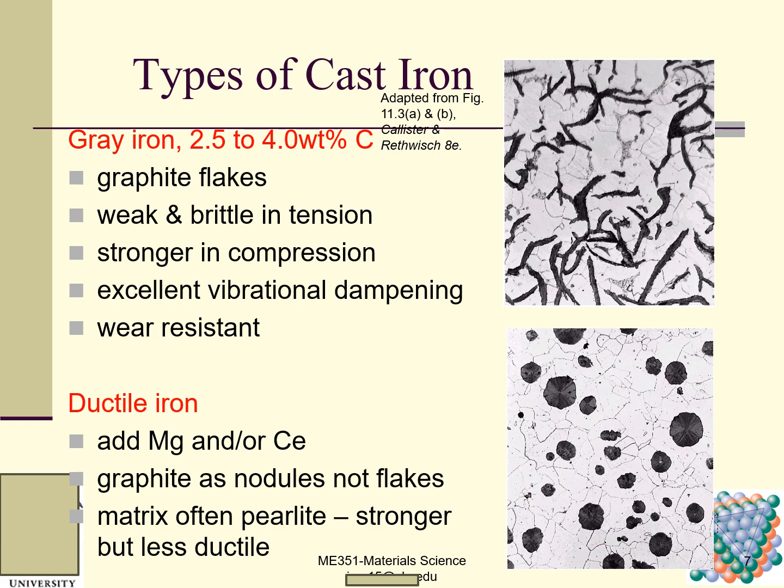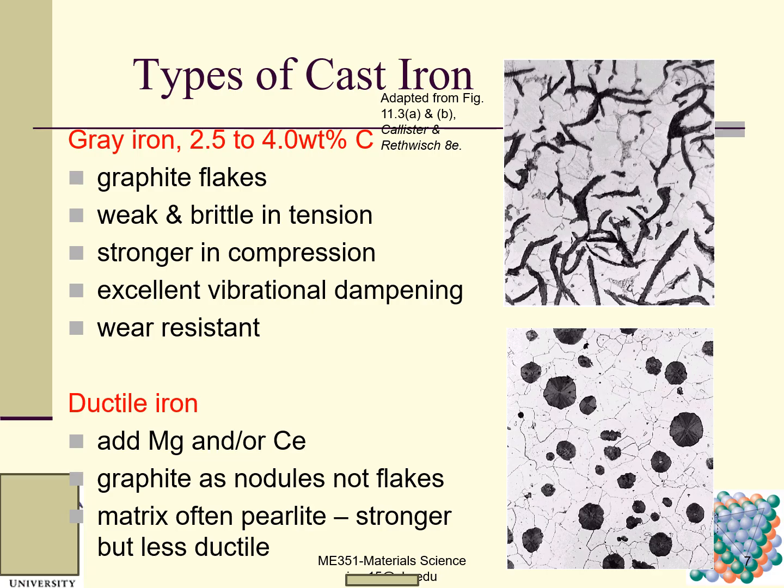It has graphite flakes, and graphite flakes are weak and brittle in tension, stronger in compression. It has excellent vibrational dampening because of the more carbon inside. And it is also wear resistant. This is the microstructure of gray iron.